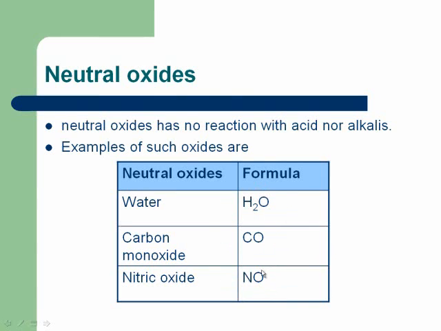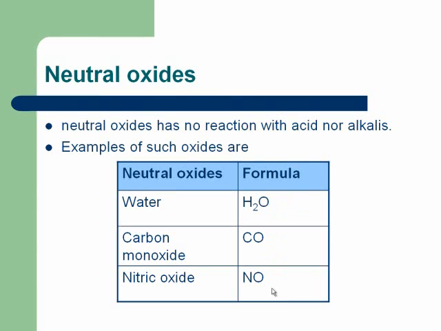Yes, you see, all the formulas have only one O. If you compare with acidic oxide, it will have 2 oxygen or more in their formula. But for these non-metal oxides, their formula only has 1 oxygen. So it's very easy to identify neutral oxides.